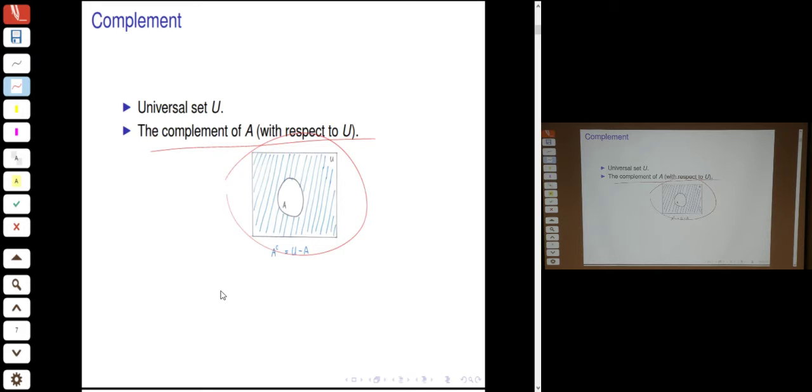If you look at the set of even numbers, then the complement are precisely those integers which are odd, which are not even. So the set of odd numbers is the complement of the set of even numbers within the universe of integers.